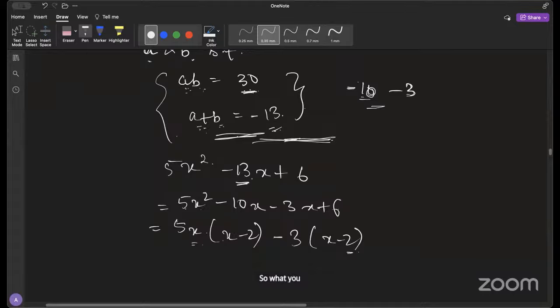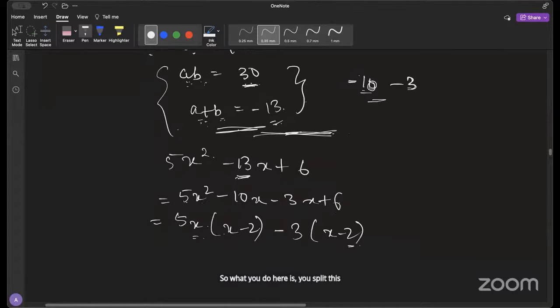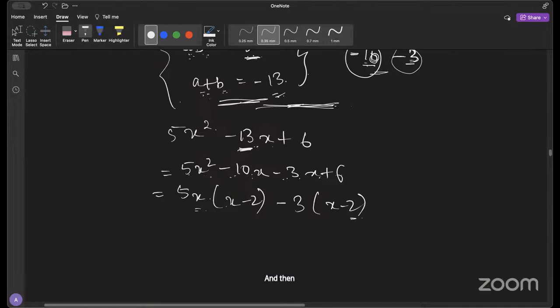So what you do here is you split minus 13 into two parts. These two numbers that you found, you use them here. So you split minus 13 into minus 10 and minus 3, so you write minus 13x as minus 10x minus 3x. And then you club these two together and these two together.